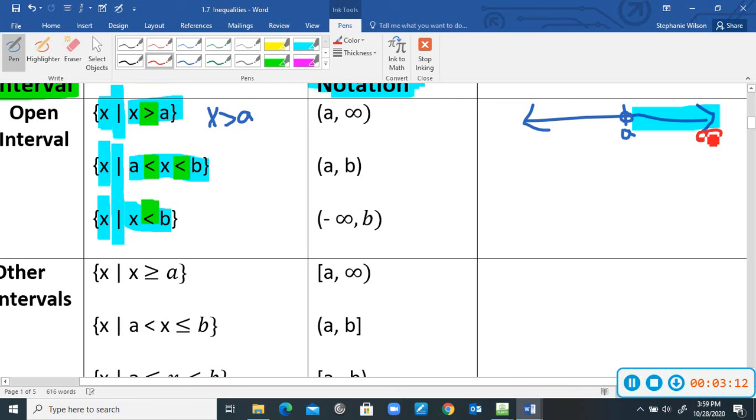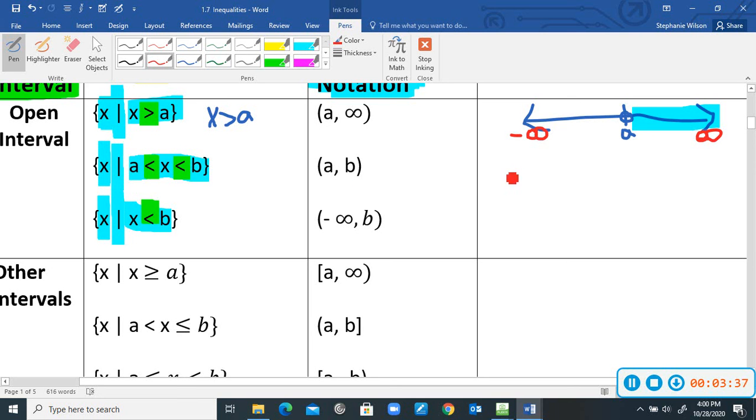They go off that way. The values to the left go off to negative infinity. Okay? So now I can write my interval notation. Since it's open on a, I know it's going to get a parenthesis. And infinity does not ever get a bracket. It always gets a parenthesis because you cannot close infinity. You can't stop infinity.